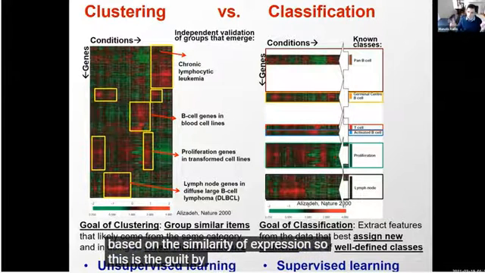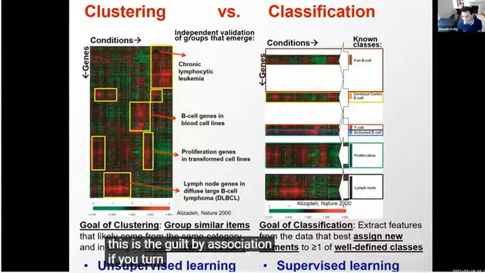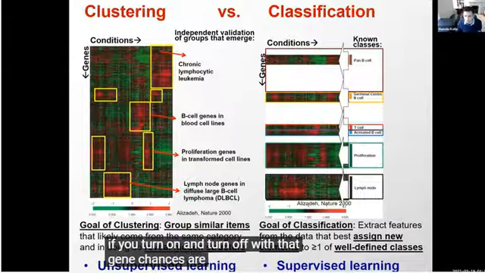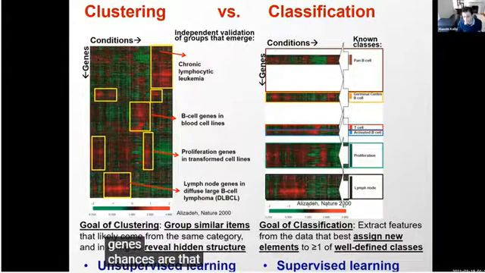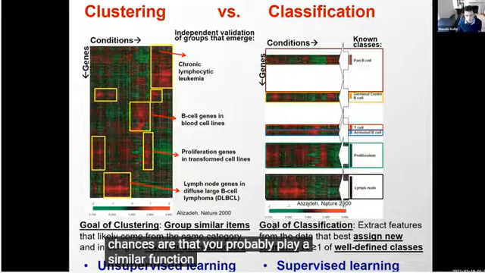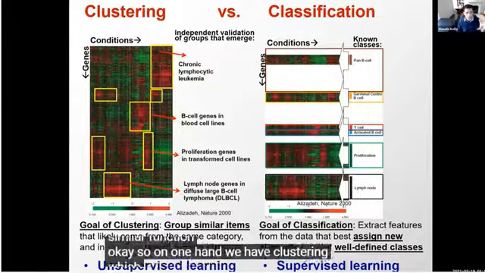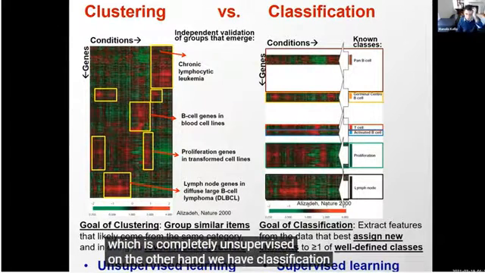So this is the guilt by association. If you turn on and turn off with that gene, or with this group of genes, chances are that you probably play a similar function. Okay. So on one hand, we have clustering, which is completely unsupervised. On the other hand, we have classification.